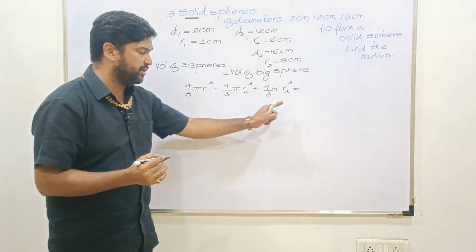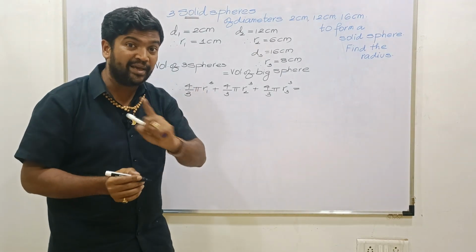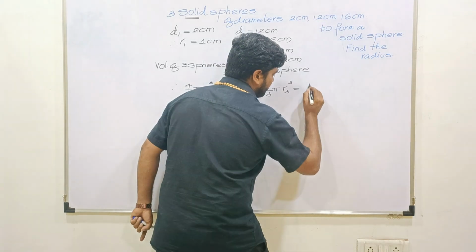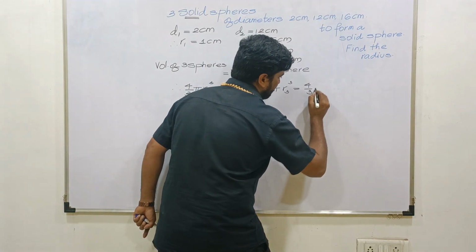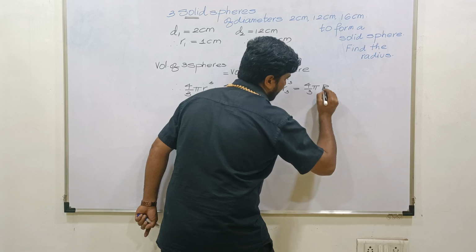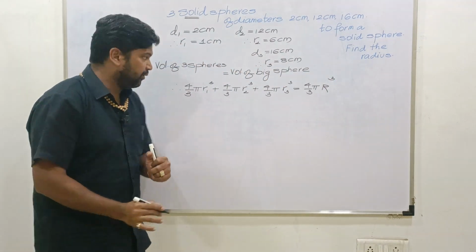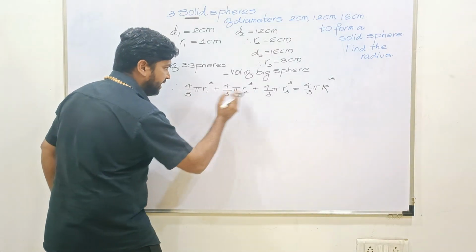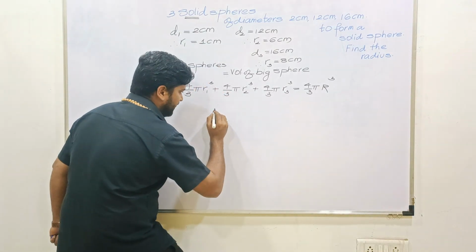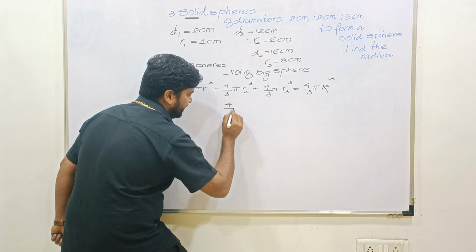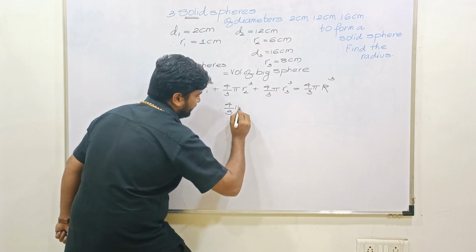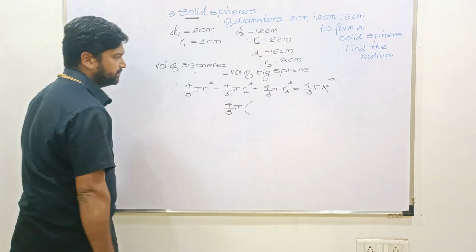Correct? Volume of three spheres is equal to volume of that one big sphere. So that would be equal to 4 upon 3 pi capital R cube. Fine children. Now I can clearly see 4 upon 3 pi is common in all the three. So I'll take that common.